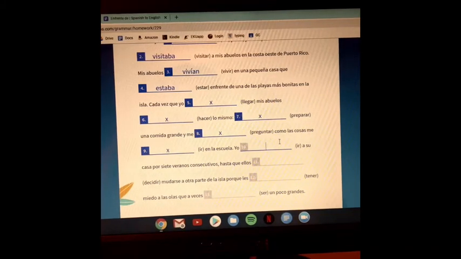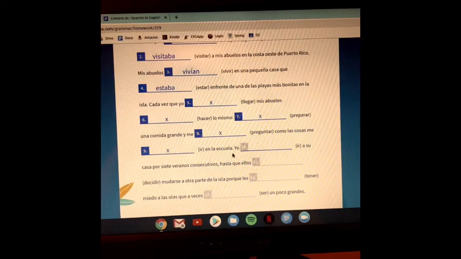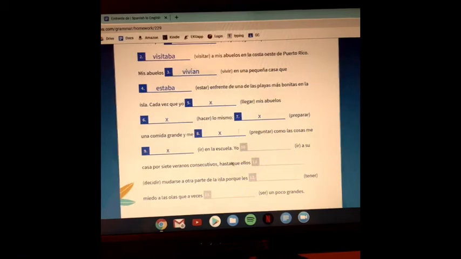But 10 is preterite because it says yo ir, so ir, to go. I go to their house, or, oh, not I go, sorry. We're in the past tense. I went to their house for 7 consecutive, right? Consecutivos veranos. Veranos is summers.